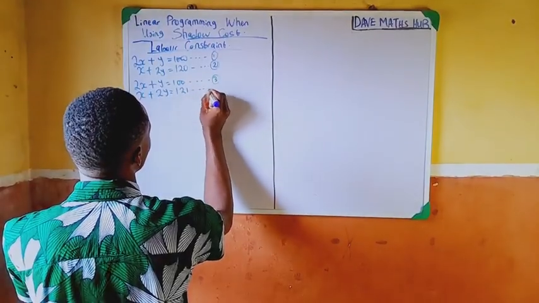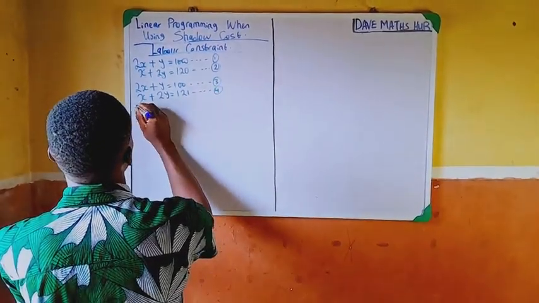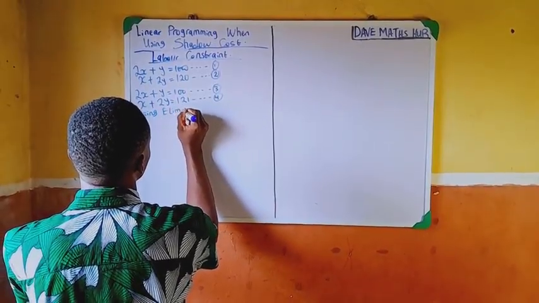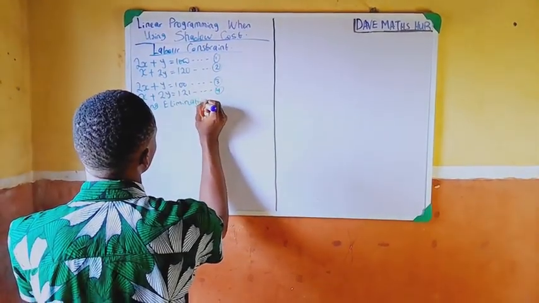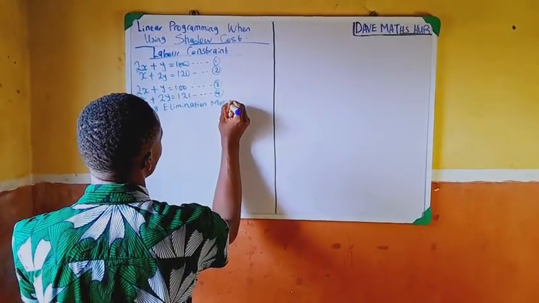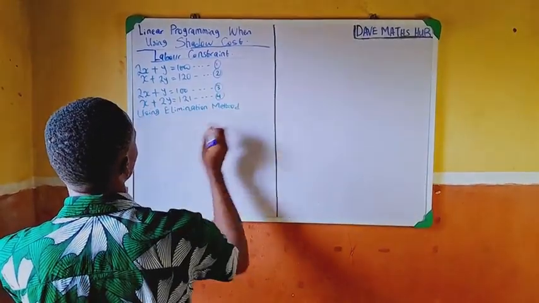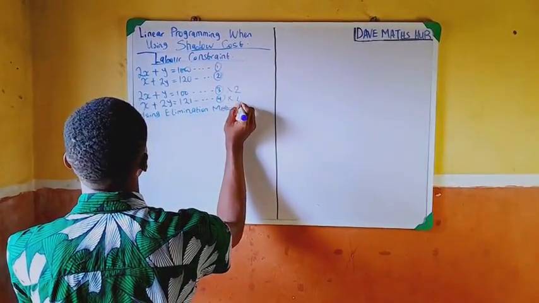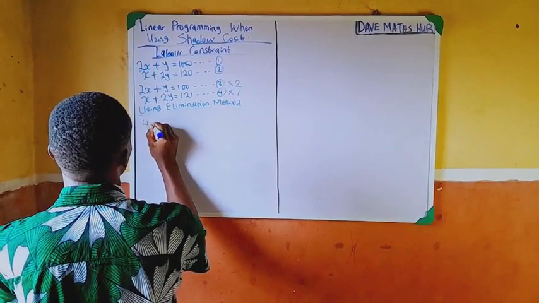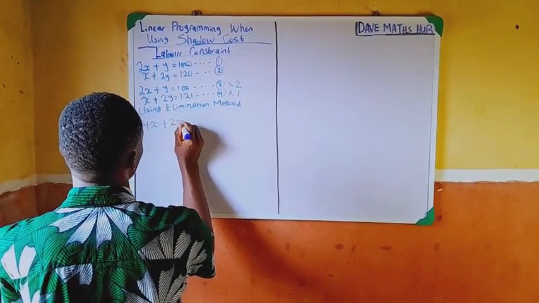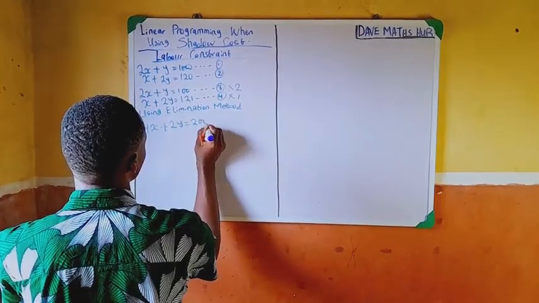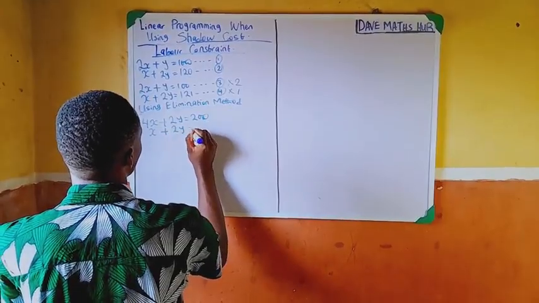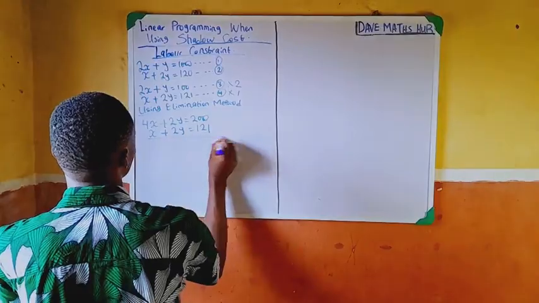Equation 3, equation 4. Using the elimination method. To eliminate y, this becomes times 2, this becomes times 1. 2 times 2x is 4x plus 2y equals 200, and all this remains the same, x plus 2y equals 121.